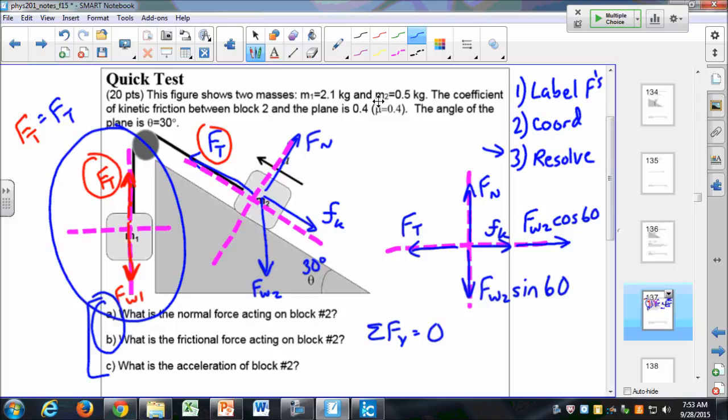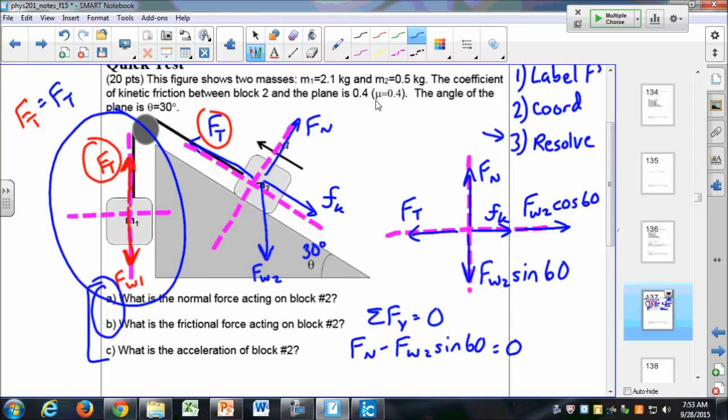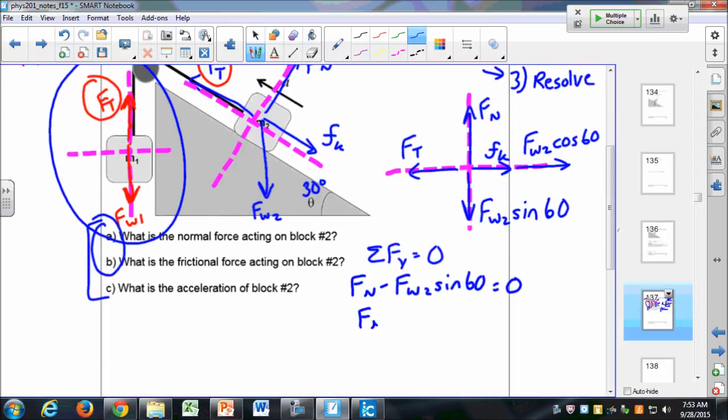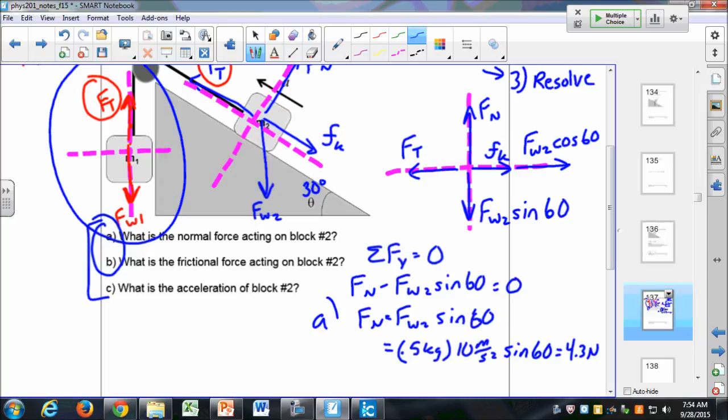So the way we do that is we say the sum of the forces in the y direction, that's Fn minus Fw2 sine 60. This is sort of the long way. You don't have to write this all out. But I find then that Fn equals Fw2 sine 60. That's going to be 0.5 kilograms times my value for g, 10 meters per second squared. So the weight is 5 newtons times sine of 60. I said it was 4.3 newtons. So that's part A right here.